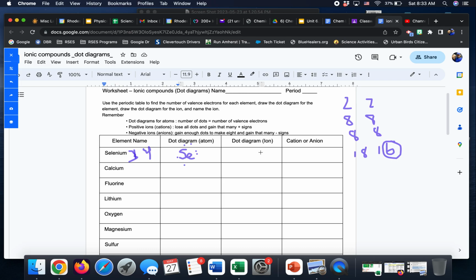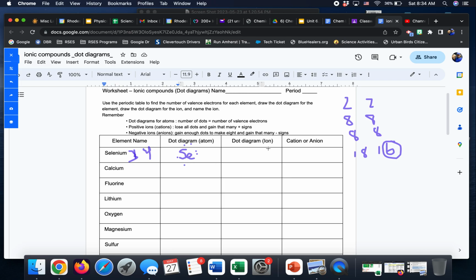The Lewis dot diagram of the ion. What you're going to do here is get rid of all your dots or gain enough dots to make it full, but as many electrons as you're gaining or losing, you have to put that as positives or negatives. What do I mean? That sounds confusing. Well, we need to gain 2 here, right?